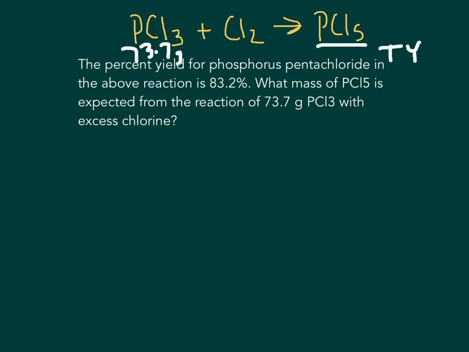And then this is your percent yield, you're going to solve for actual yield. So I want you to do that one. That's an action line and then the percent yield problem. And the answer that you should end up with is 93.2 grams of PCl5. See if you can get that.